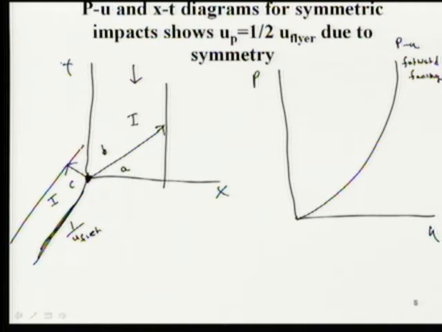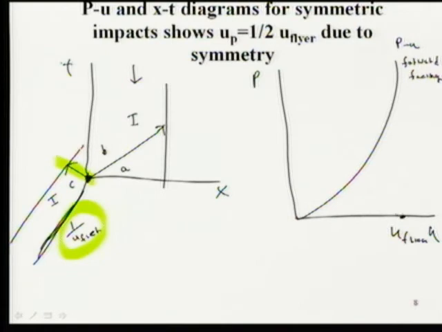But now we have a shock over here in the flyer. That's a backward-facing shock, and it's also moving at this velocity. So that means we have to have a PU curve that's backward facing, but at zero pressure, at just the point of impact, it has to be at the flyer velocity.